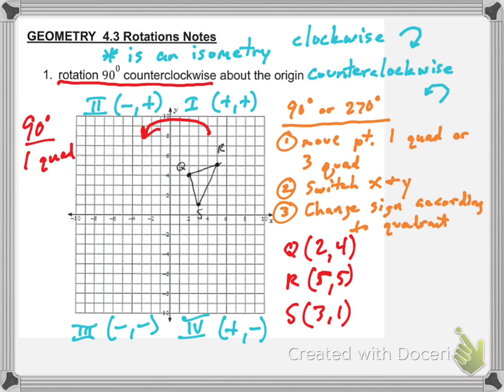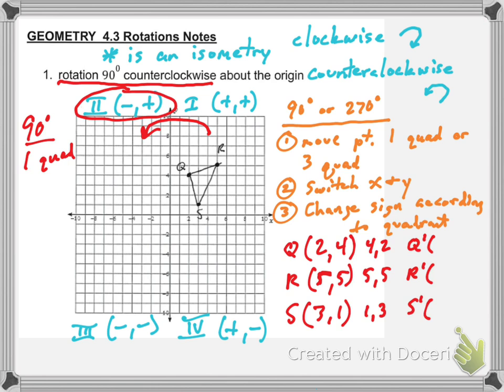So 2, 4. So step 2 says switch X and Y. So I have 4, 2. Well, 5, 5 is just 5, 5. And then I have 1, 3. But now, to get my final coordinates for the new points, I have to change the sign according to quadrant. Well, I'm in the second quadrant, so all my points, the X's have to be negative and the Y's have to be positive.